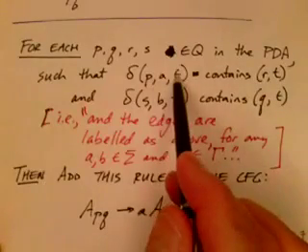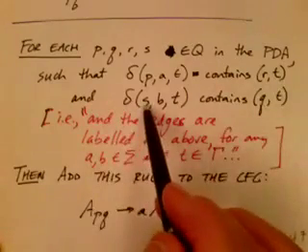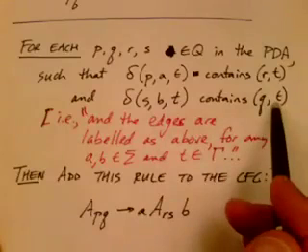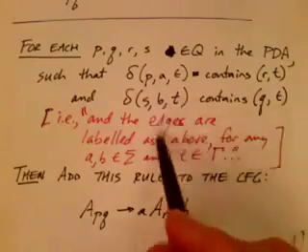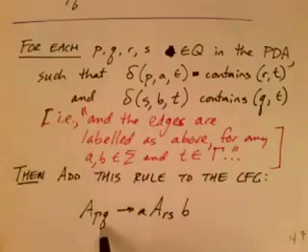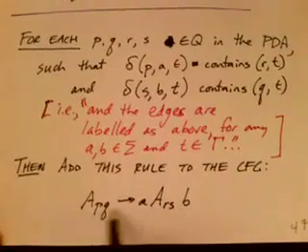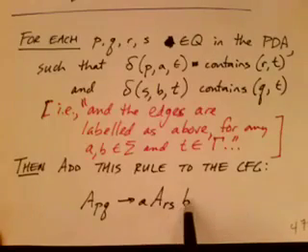Input symbol A, it reads nothing off the stack, it pops nothing, but pushes T, and the transition from S to Q pops a T, and this is an epsilon, not a T, it pushes nothing, then we add this rule to the grammar that we're building: A, P, Q goes to A, A, R, S, B.